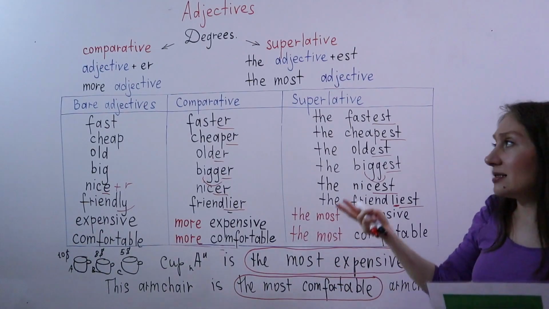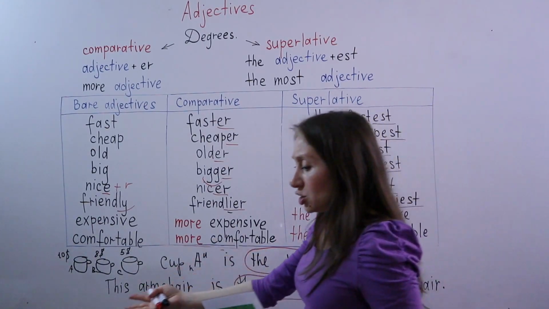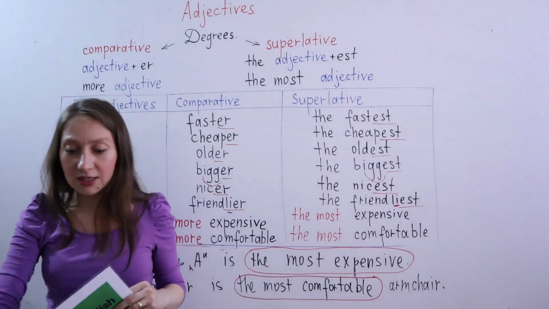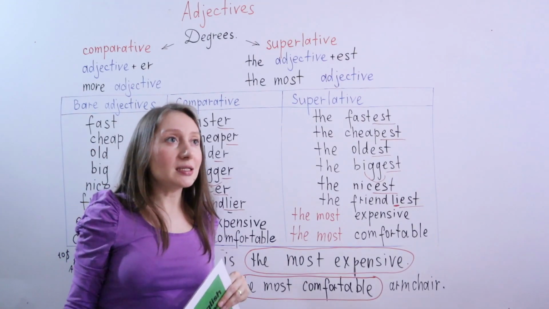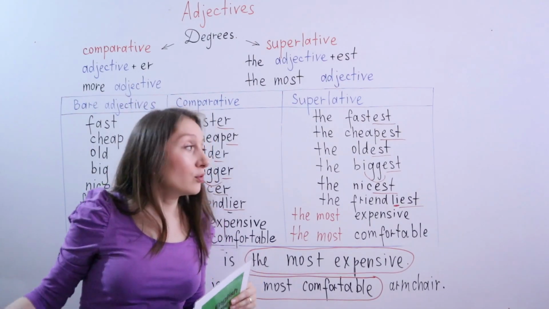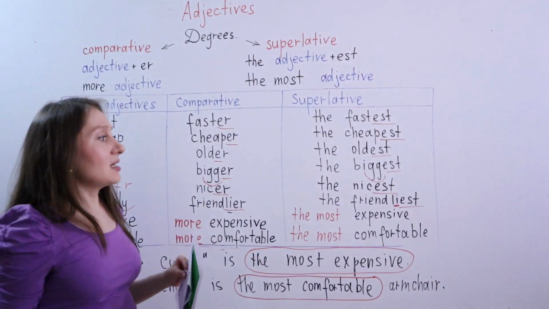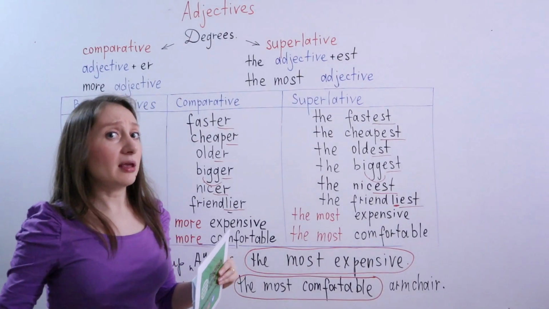Who is the fastest in your class? I don't know. What is the cheapest? For example, some objects on the table. Who is the oldest, right? Or what is the oldest in your town, right? The biggest, the nicest, the friendliest. I am the friendliest in the family, right?